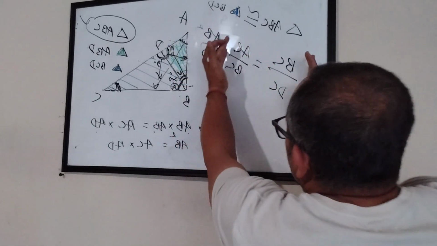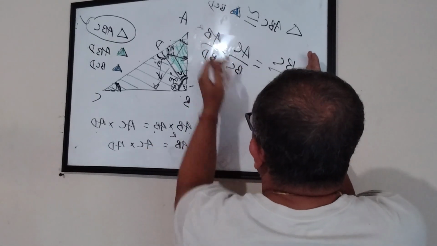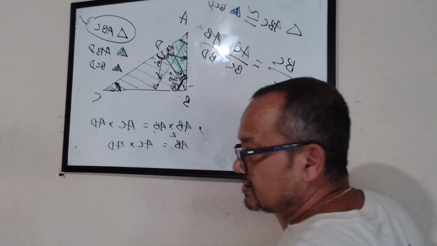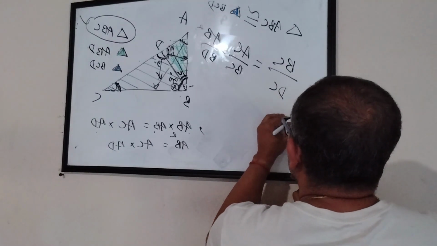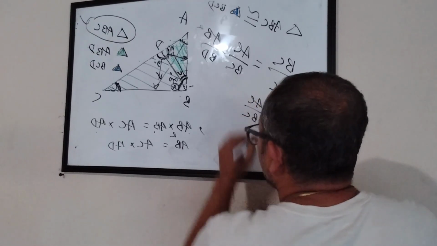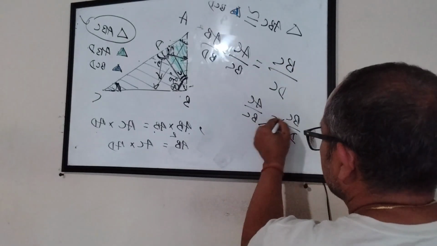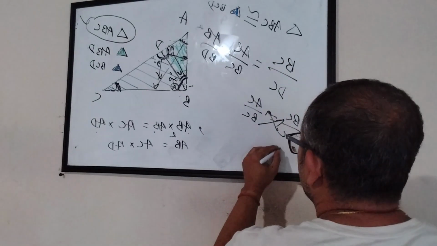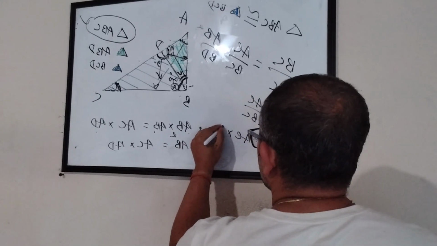I would want to pick this one because here I have got BC square. BC goes here, becomes BC square. So I will pick BC by DC equals AC by BC. These two combinations. And that makes it this way. So it becomes BC square equal to AC into DC.